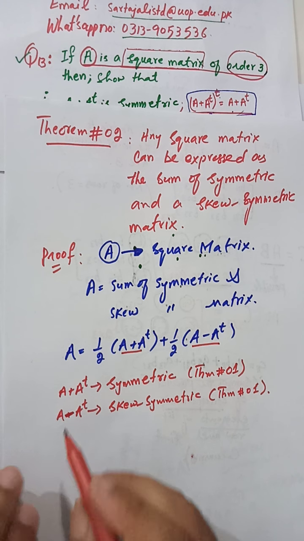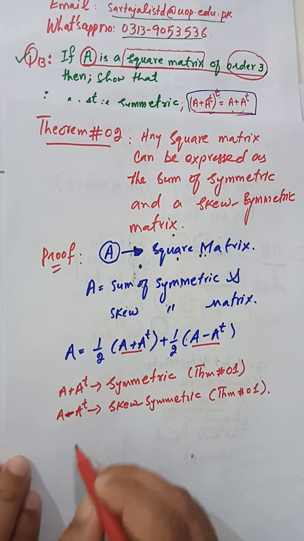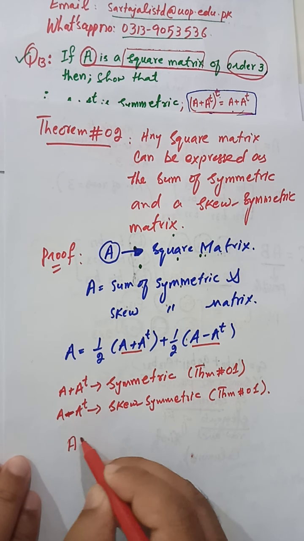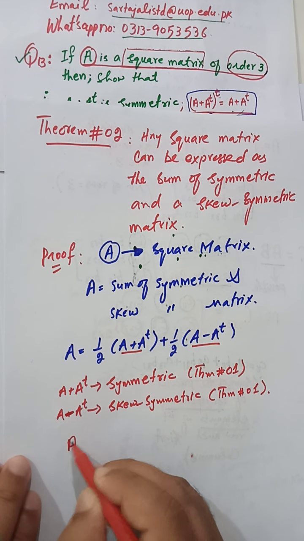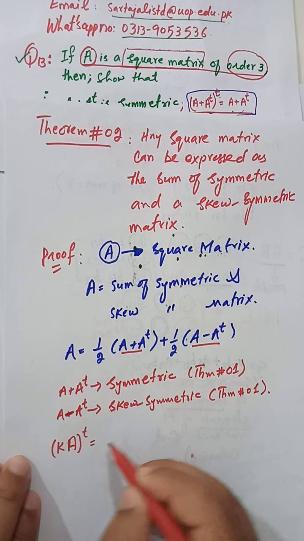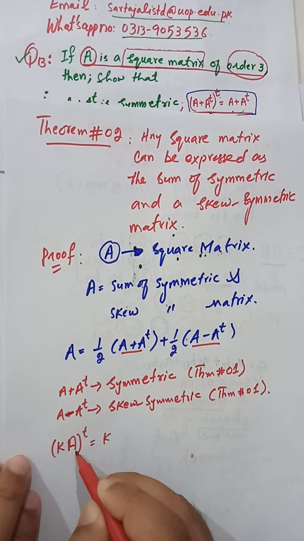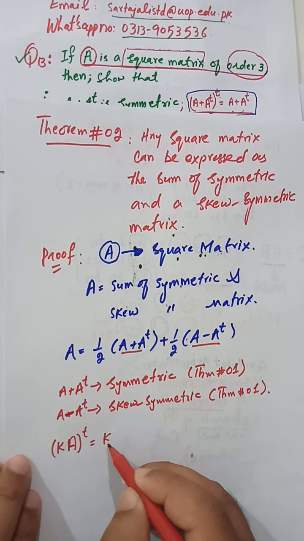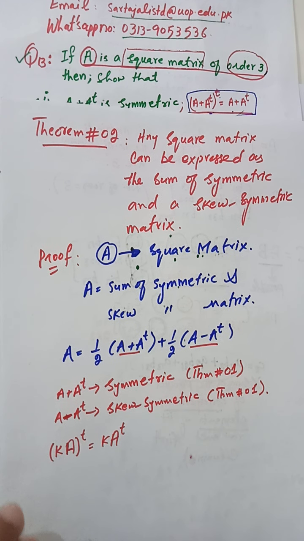Remember, when I multiply by some constant, let's say A is a symmetric matrix and I multiply any constant with this A, then K A whole transpose is written as K times A transpose. This means scalar multiplication doesn't affect the transpose of a matrix.